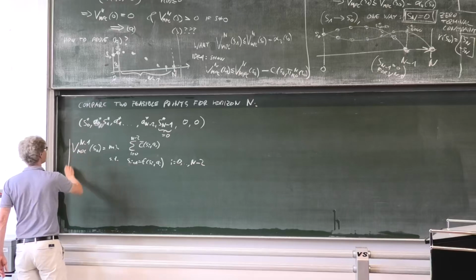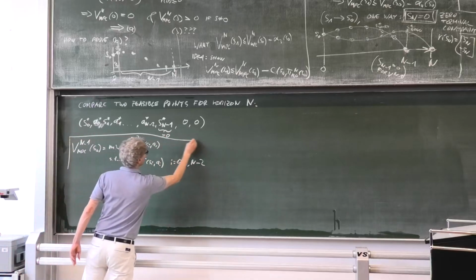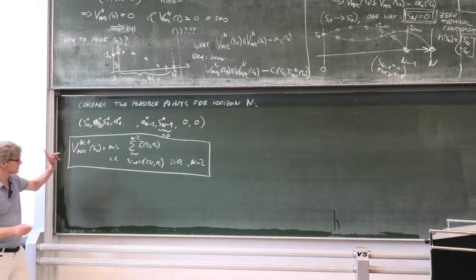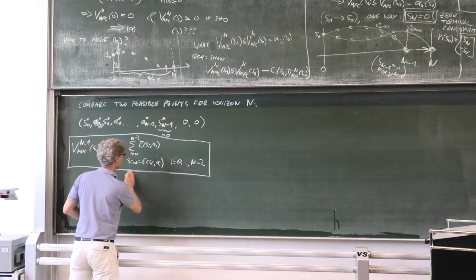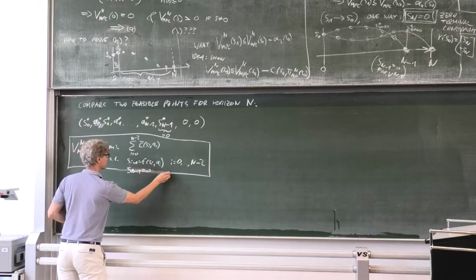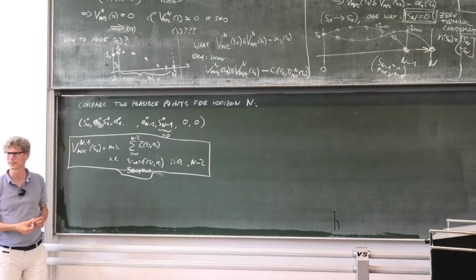So this would be the horizon problem with n minus 1. And I added S n minus 1 equals 0 as a constraint. So that's what I do in the zero terminal constraint.